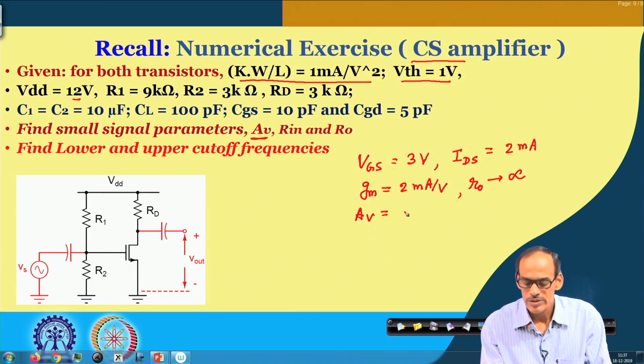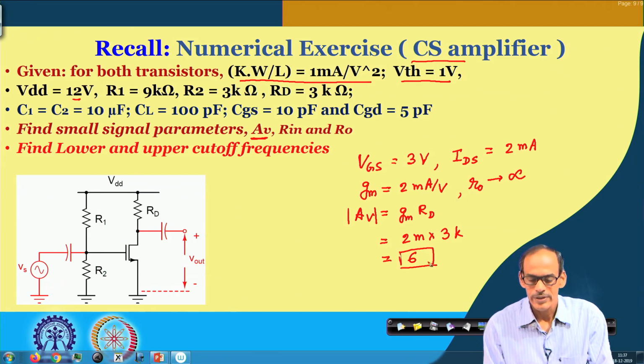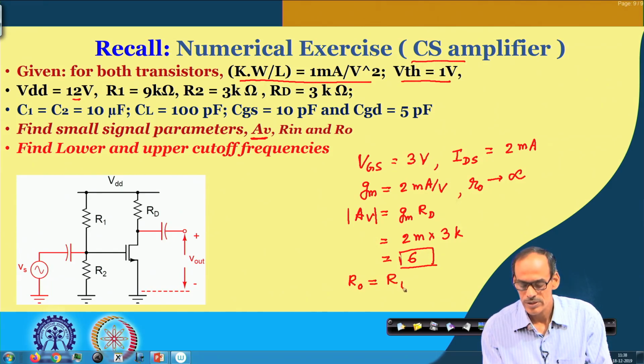So, the voltage gain was gm into RD, and that becomes 2 milli into RD, which is 3 K. So, the voltage gain was only 6. The output resistance for this case is primarily defined by RD, and that is 3 kilo.